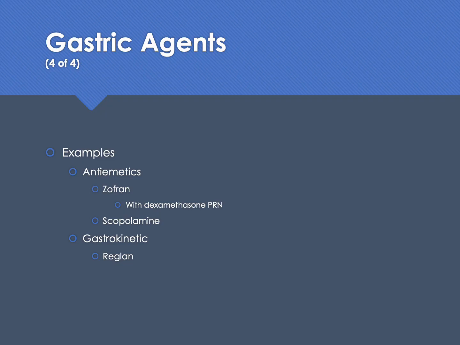So there's also a subclass of gastric agents known as antiemetics and gastrokinetics. Antiemetics like Zofran are given pre-operatively to reduce nausea and minimize the possibility of vomiting.